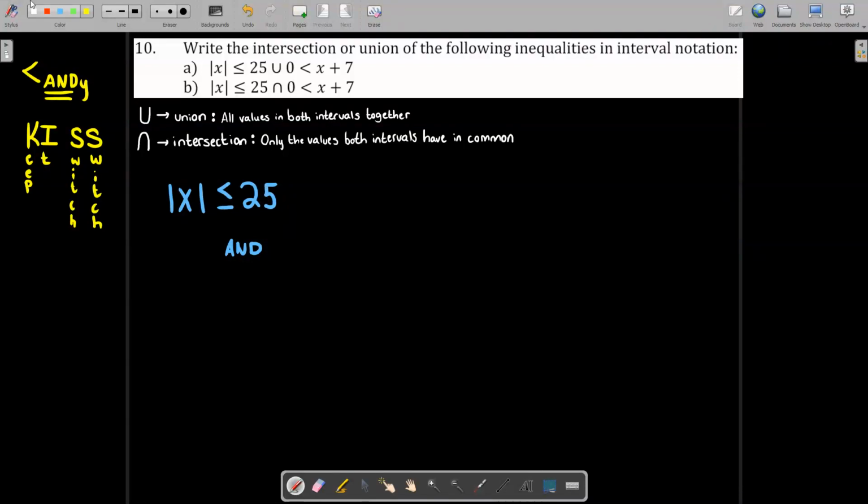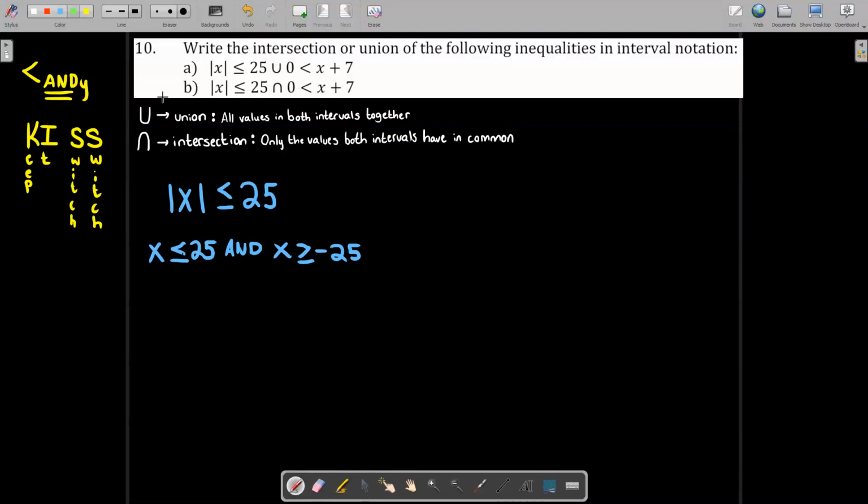Okay, so this will be x is equal to or less than 25 and x is greater than or equal to negative 25. Okay, so that is this first inequality.